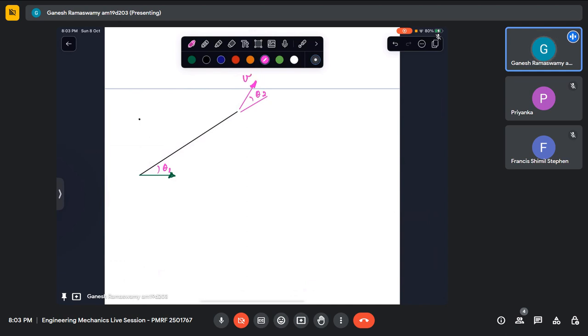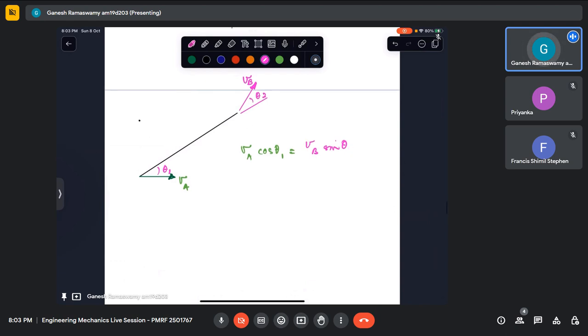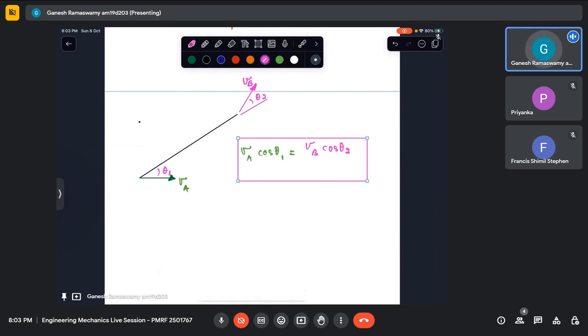VB, VA. So VA cos theta 1 equals VB cos theta 2. By exploiting the rigidity of the object, given one quantity, we can calculate the other quantity.